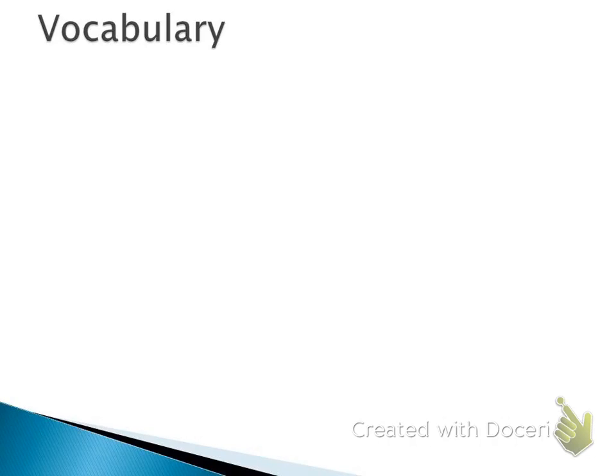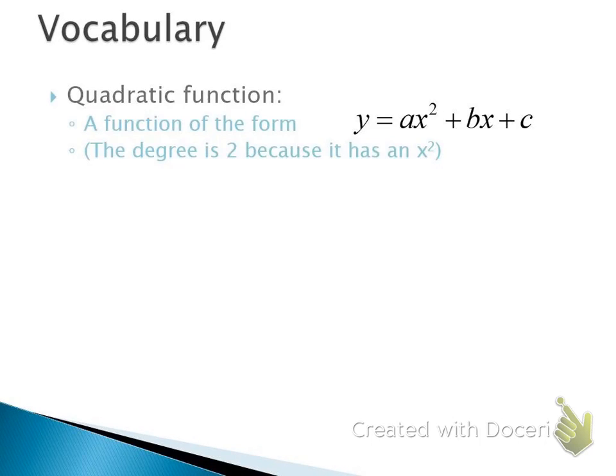All right, first things first, some vocabulary. A quadratic function looks like this, as we just saw from the previous screen. So y equals ax squared plus bx plus c. What you will find is that universally speaking, a is always the coefficient on the x squared term. B is always the variable we would use for the coefficient of the x to the first term.